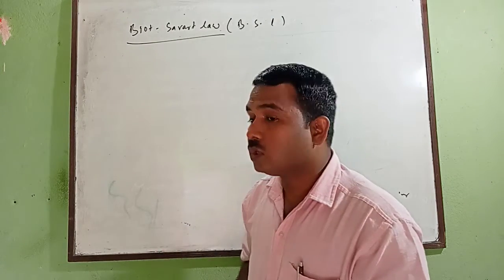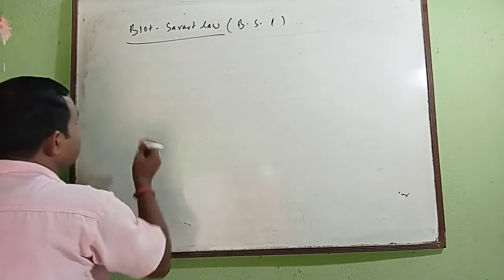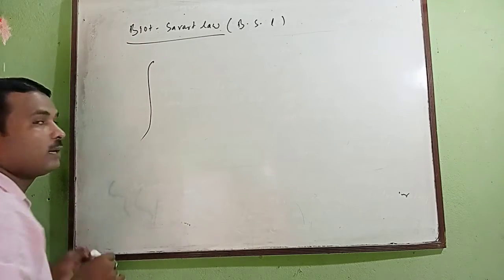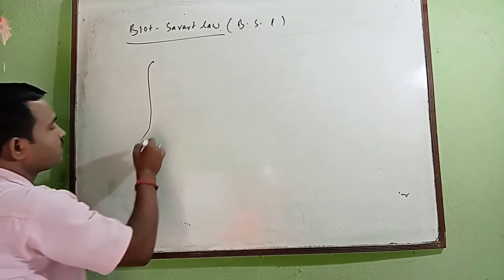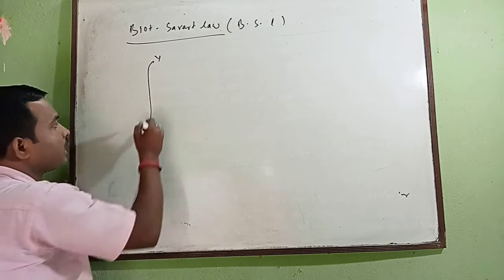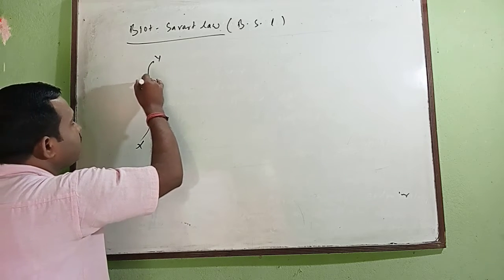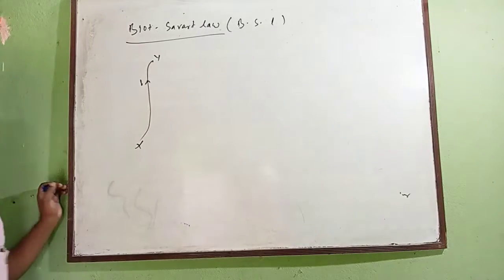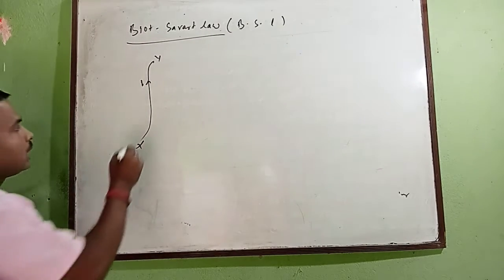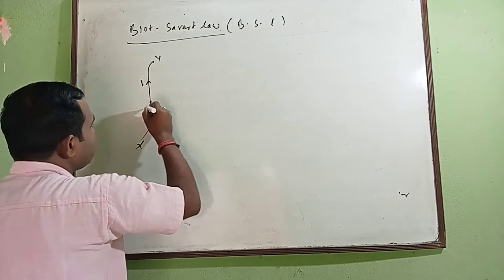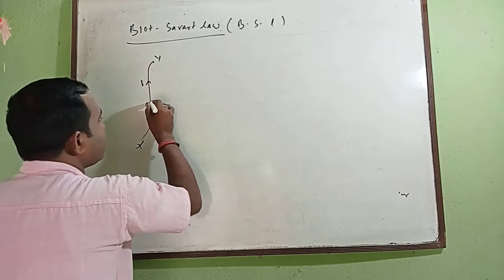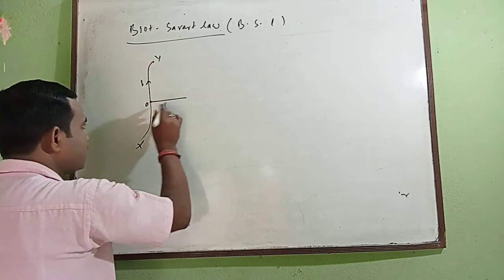So for the Biot-Savart law, you will notice that suppose we have a conductor. You can assume this is X and that is Y, and suppose the current I is flowing through this conductor from X to Y. Now you assume that here is a point O and this is the space around.